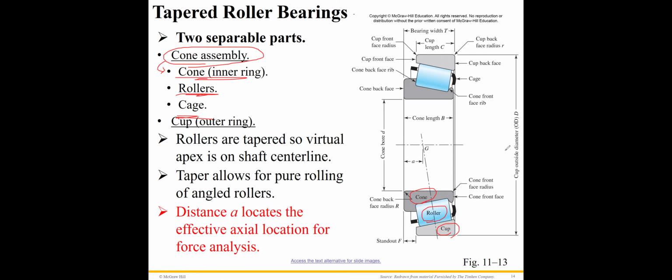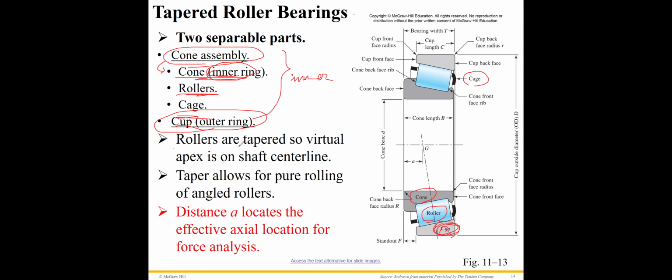The cage is like the separator of the ball bearing. This is for the inner. And for the outer, we are going to focus on the cup here.